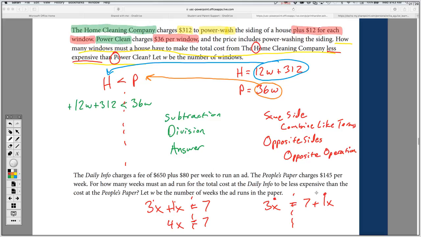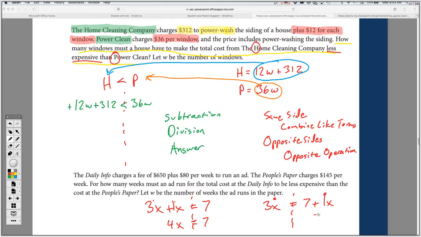You ready? What do I do if it's on opposite side? Opposite operation. So now we got to subtract the 1x. What's 3x minus 1x? 2x equals, and then 7.